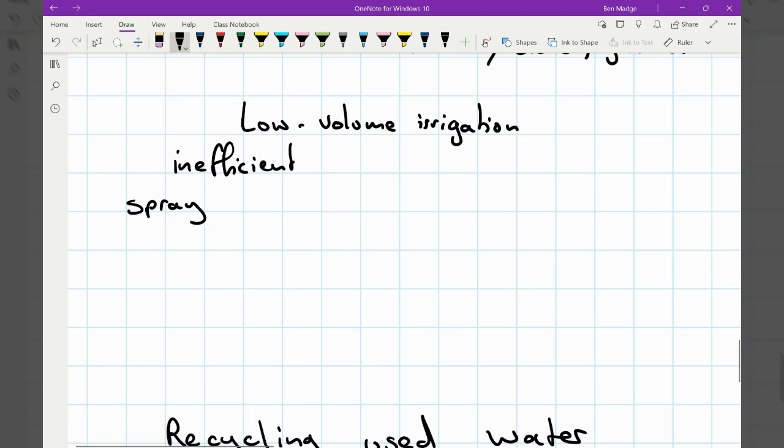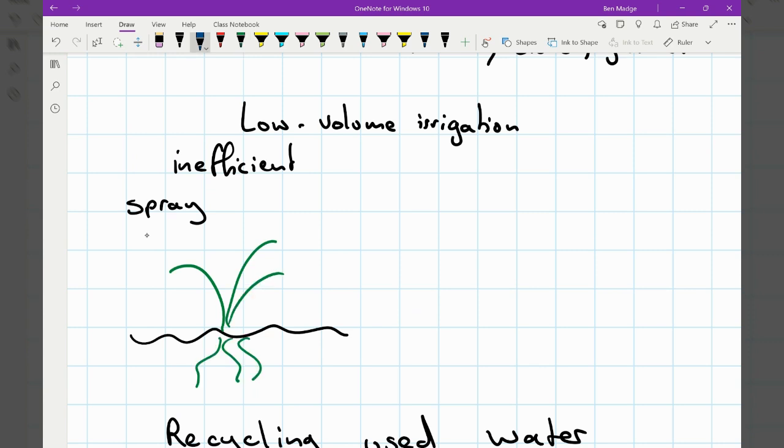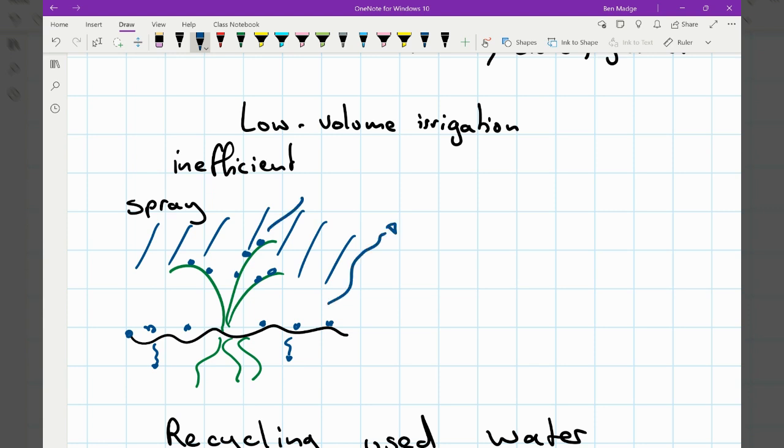So the water is almost like precipitated down, sprayed down onto it. Water will get intercepted by the plant itself, reach the surface of the soil. Some of it will infiltrate, but what we find is we have massive losses to evaporation, and a lot of it doesn't reach the roots, which is where we want it.